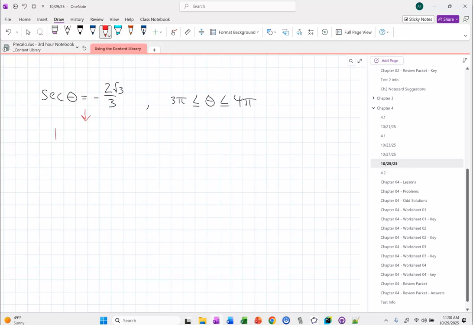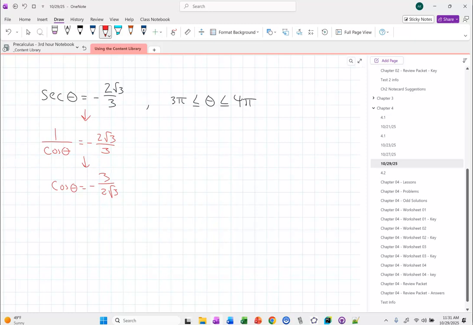Secant is the reciprocal of cosine. So I'll write secant as 1 over cosine, and then flip both sides of my equation to turn it into a cosine problem.